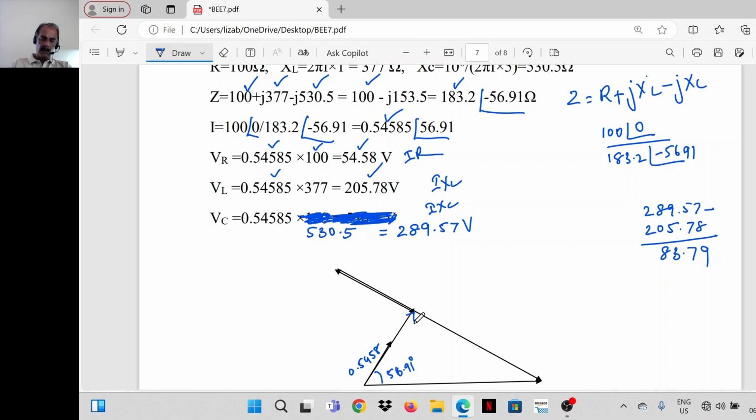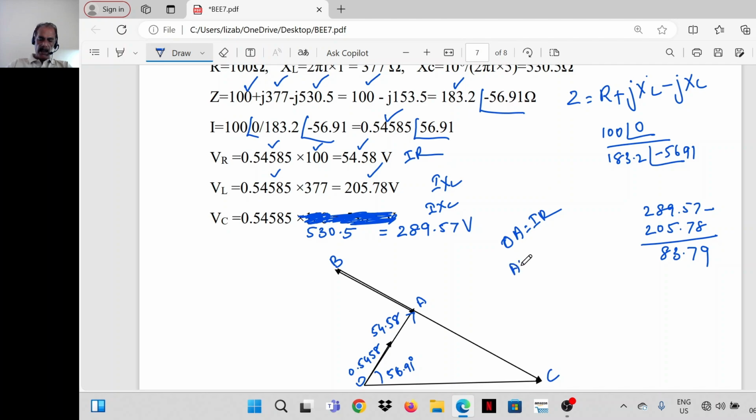This is I into R, or VR. This is 54.58 from OA. OA is IR. I'll mark this as B and C. Then OA is I into R, that is 54.58 volts.